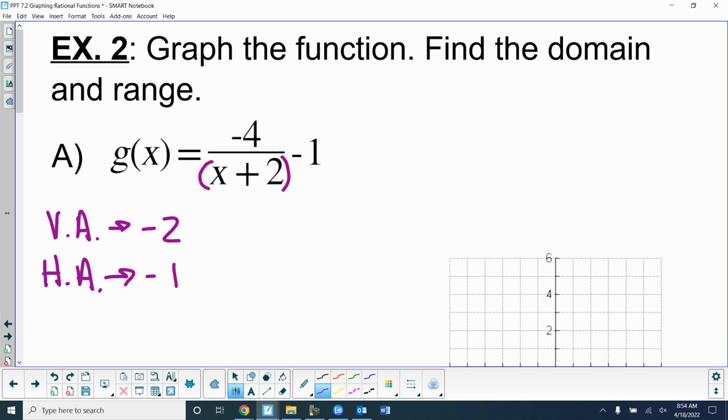So my domain then is x, all real numbers except -2. And my range then is all real numbers y except -1.